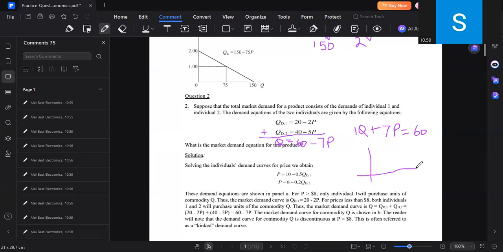So where will it cut the p-axis? We divide 60 by 7. We get 8.57. So here it cuts at 8.57. Then 1 into 60 is 60. So this is our demand equation. Q is equal to what? 60 minus 7p.